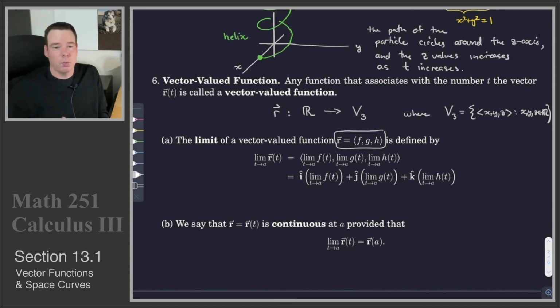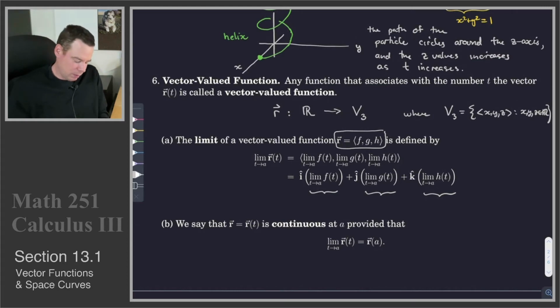We could ask things like, what is the limit as t goes to a particular value? What does the limiting value of the vectors go to? And those are just computed by doing the individual limits of the component functions, which are just functions of a single variable, so those are back down to calculus 1 limits, 3 of them, 1 for each component. We say that a vector valued function is continuous at a point a, provided the limiting value of the function is equal to the function value at that point.